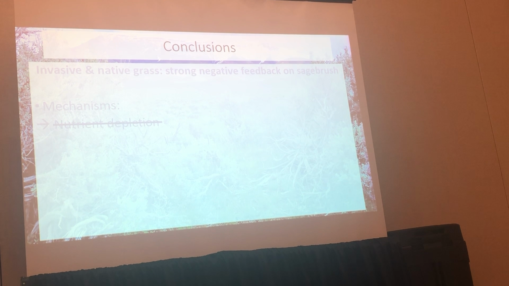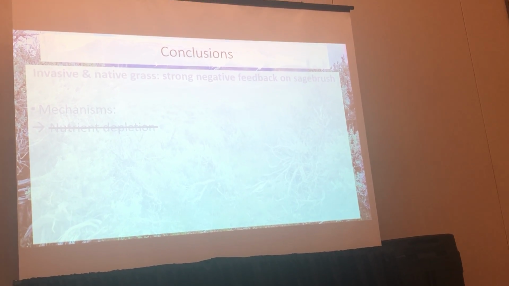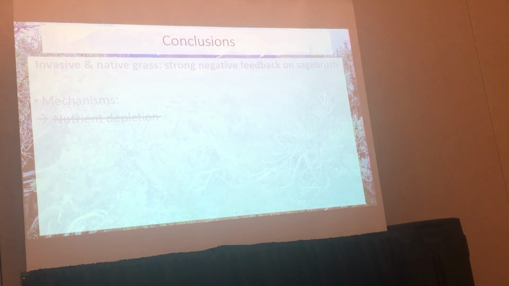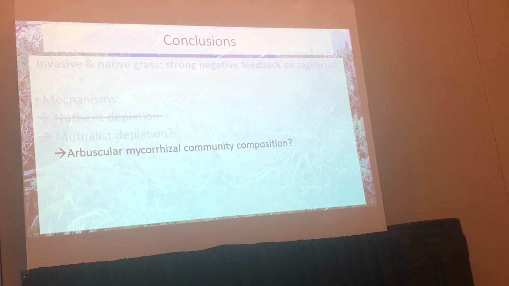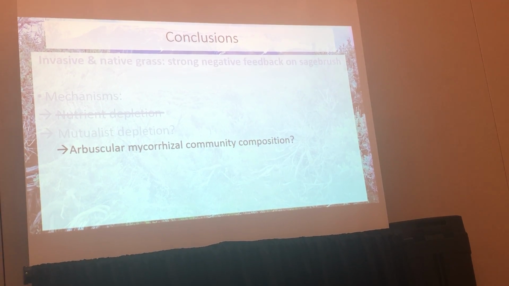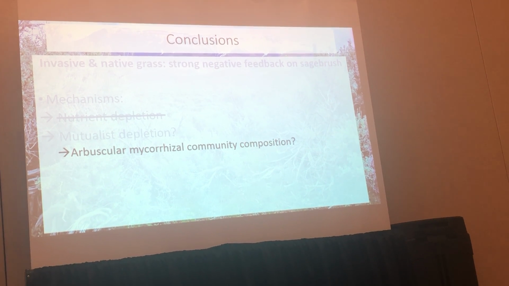I did find strong nitrogen limitation based on nitrogen to phosphorus ratios in all of the soil conditioning treatments. And then mutualist depletion, I don't really know, but I certainly didn't see a pattern that would explain the feedback that I saw.